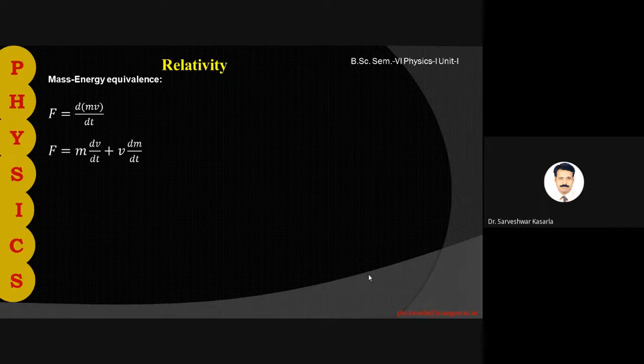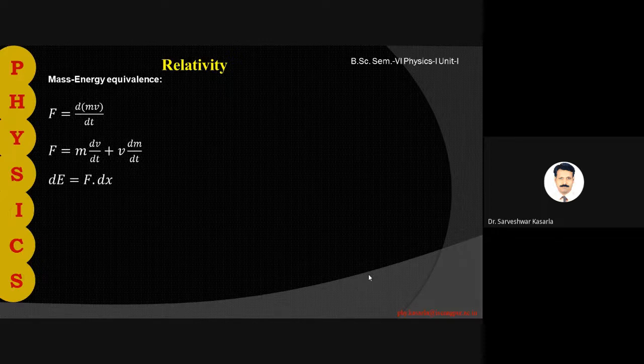So here d by dt of mv can be written as m into dv by dt plus v into dm by dt, because the mass is also changing with time, because mass is relativistic. Mass may change with velocity. So the derivative of mass into velocity is equal to mass into dv by dt plus velocity into dm by dt.